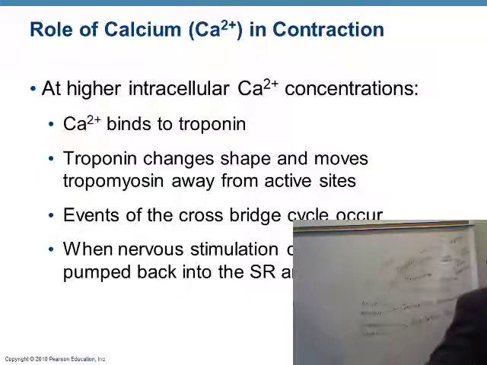So the myosin head will now get attached to the actin ball. And that attachment is called cross bridging.